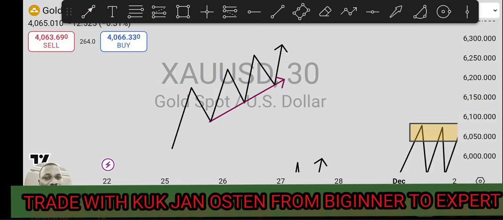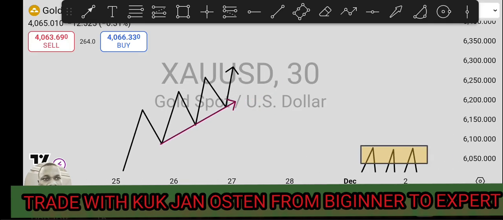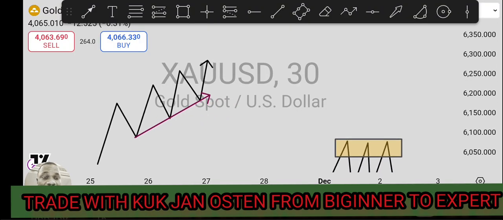So we are seeing some sort of liquidity around this trend line. In most cases it occurs in a bullish market, so this is a bullish trend line liquidity.